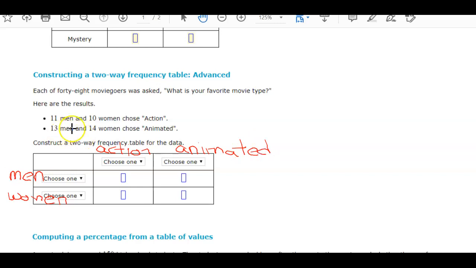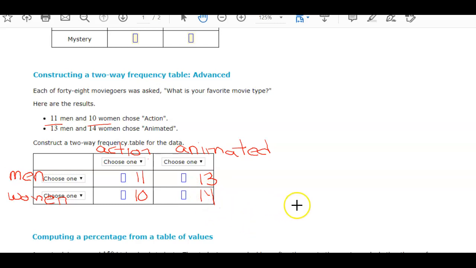So we've got 11 men and 10 women for the action category. So the action category is right here. So we're going to go 11 men, and below this is the women. And then 13 men liked the animated, and 14 women chose the animated.